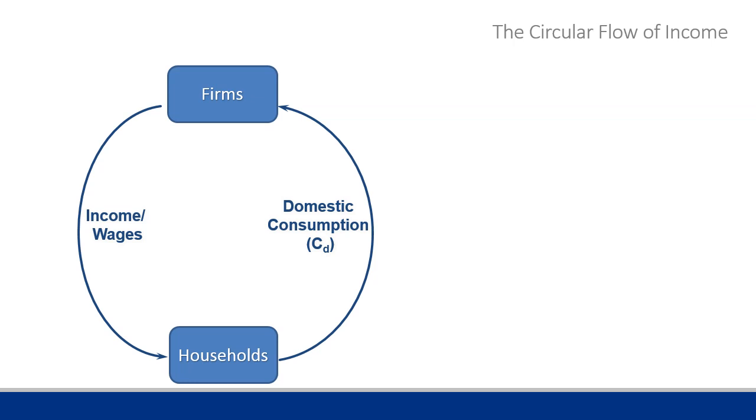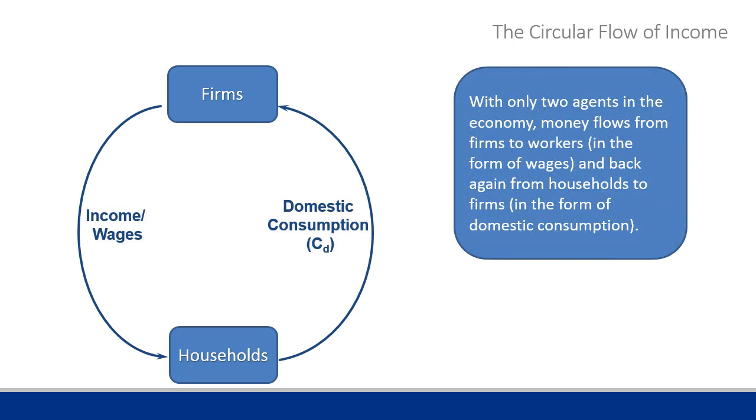We see quite clearly here how money flows around the economy between firms and households. It is a very simple, easy to understand model that's very good at replicating a simple form of reality.